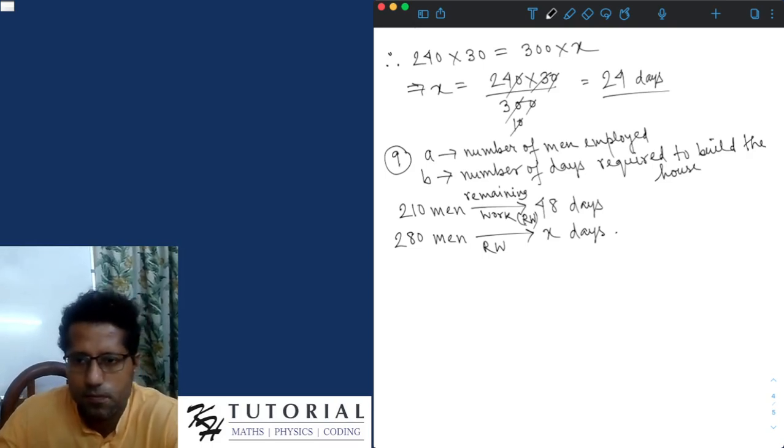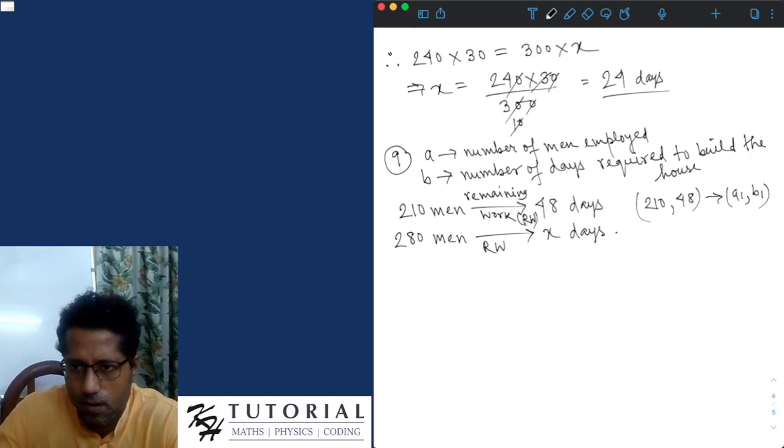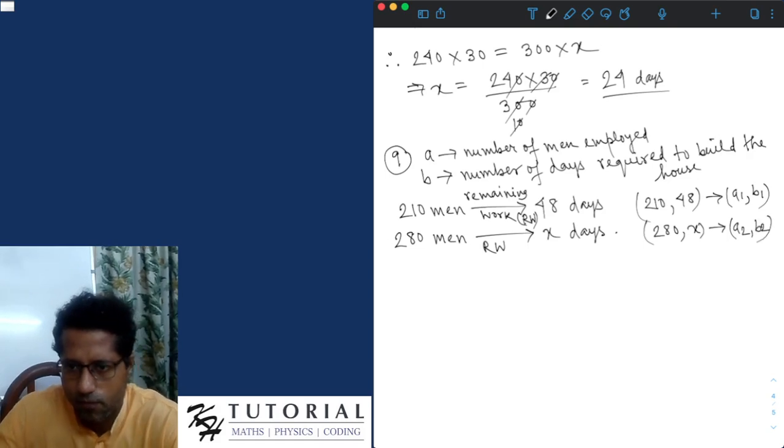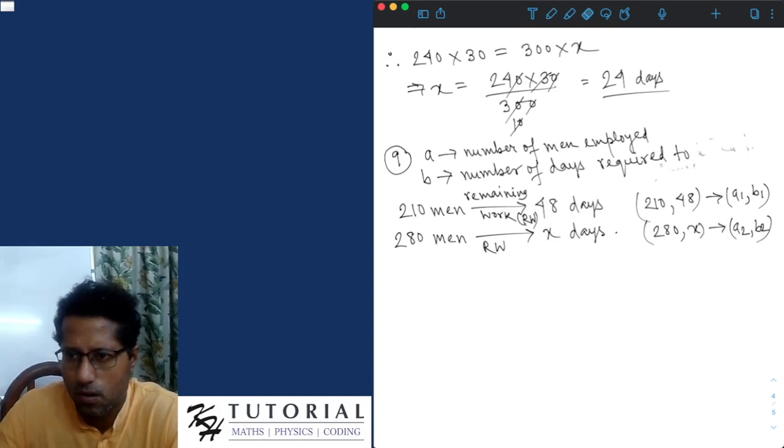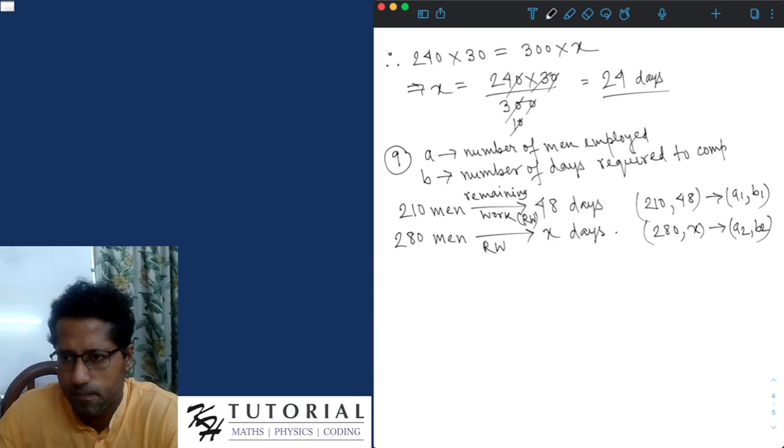Okay, so 210 and 48 is the data for A1, B1, where we have to change the definition of A and B, and 280 comma X is the value of A2 comma B2, where A is the number of men employed, that is fine, but B is the number of days required not to build the house but to complete the remaining work.